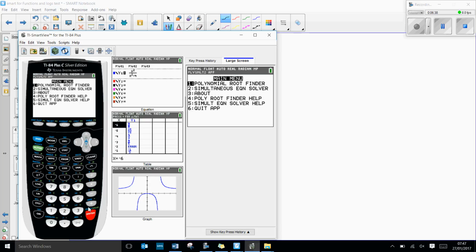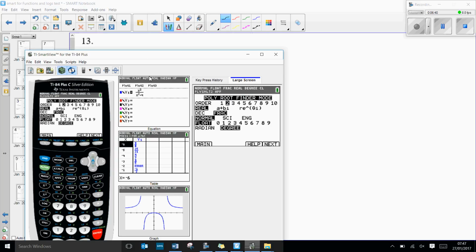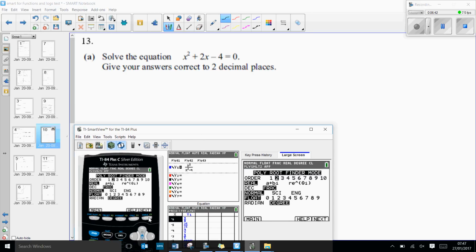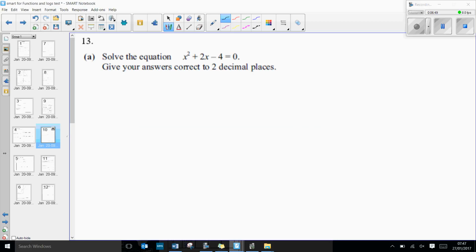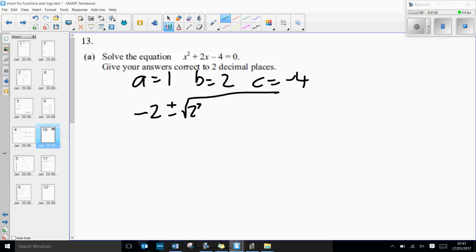Okay, so here we need to identify that A is 1, B is 2, C is -4, and just write out the equation. So it's -2 plus or minus the square root of 2 squared minus 4 times 1 times -4, over 2 times 1.